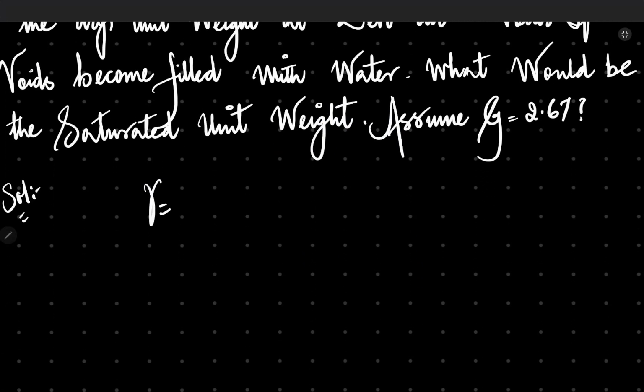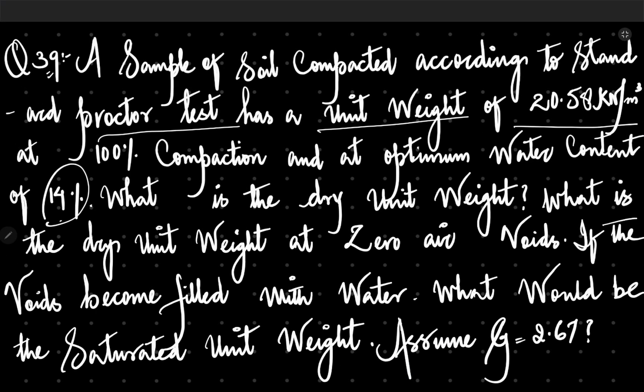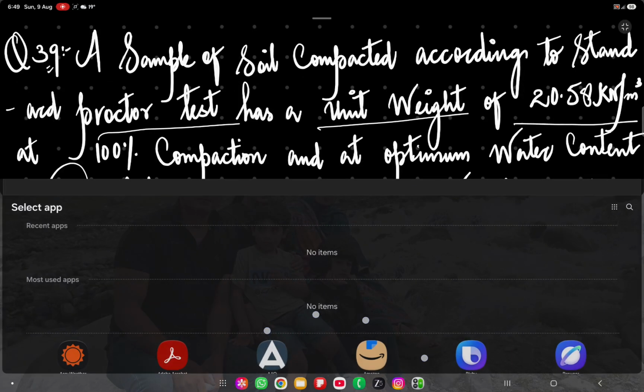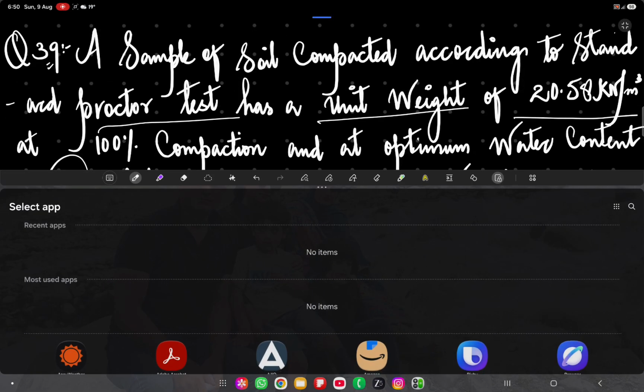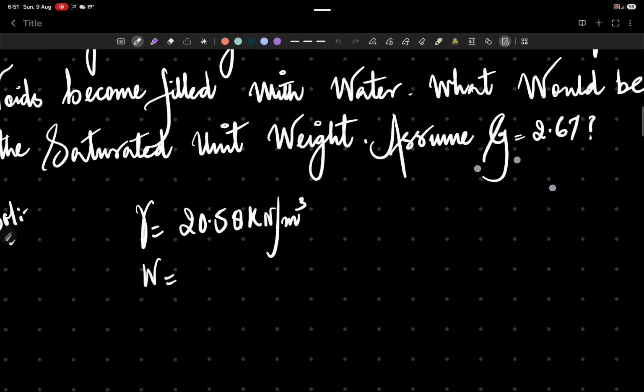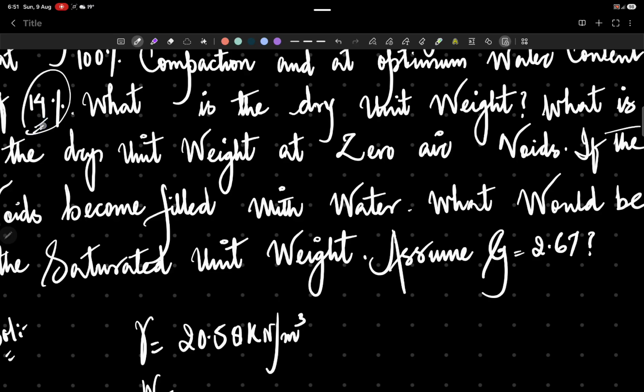That is given as 20.58 kilonewton per cubic meter. Optimum water content in the standard Proctor test at 100% compaction is 14% as given in the question.